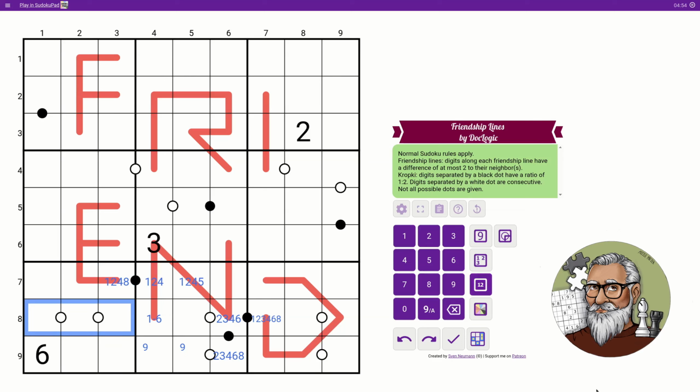This becomes a 4, 8. This becomes a 4, 5, 6. So there's no 4. This becomes a 5 or 6. So this has to be a 4. This has to be an 8. Yeah.